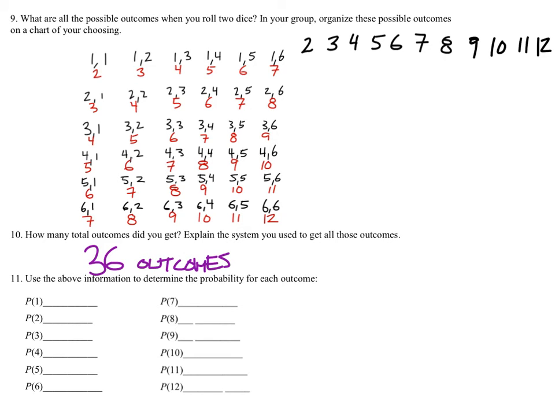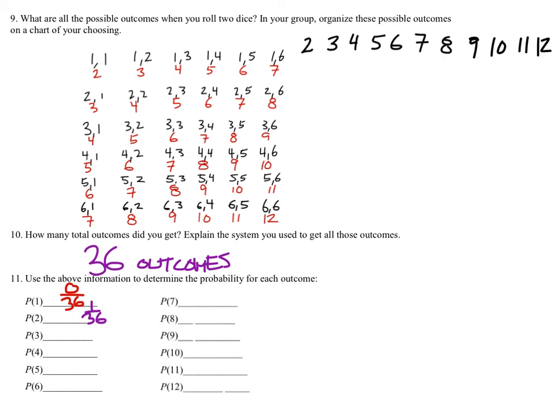So now what we want is the probability of each of these. Well, what's the probability of 1? I don't see any 1s in that, so we'll say 0 out of 36 possible outcomes. What about the probability of 2? How many 2s are in this list? 1. There's 1 2 out of 36.